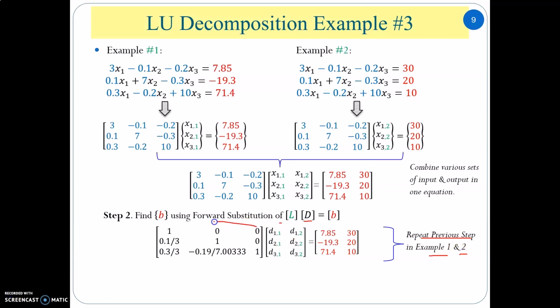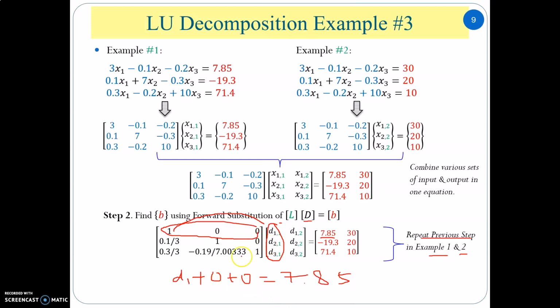For example, we take the first row, multiply with the column here, then you should obtain the answer equal to 7.85. So you multiply the elements inside: you obtain D1, then 0 multiplied by D2 gives 0, and 0 multiplied by D3 gives 0, equal to 7.85.